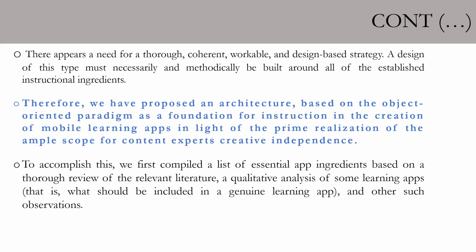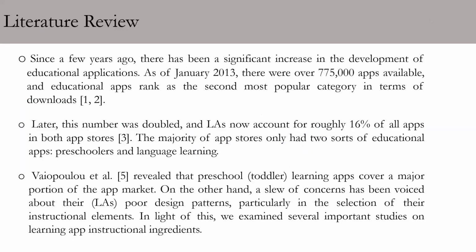Our main emphasis is on content expert creative independence. We want to propose a system that provides content experts creative independence. To accomplish this, we first compile a list of essential app ingredients based on a thorough review of the relevant literature, a qualitative analysis of some learning apps, and other such observations.